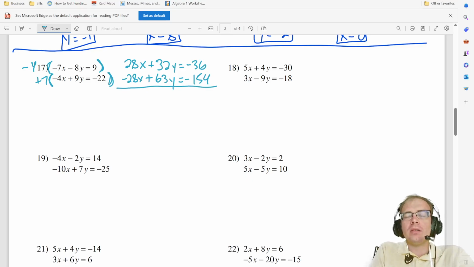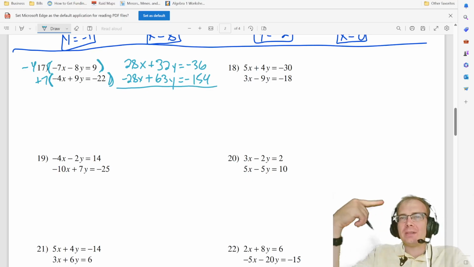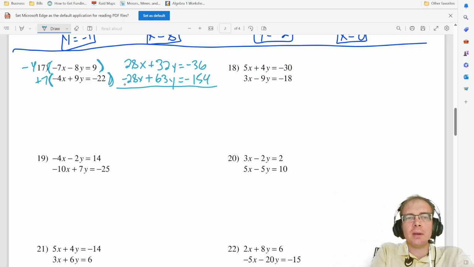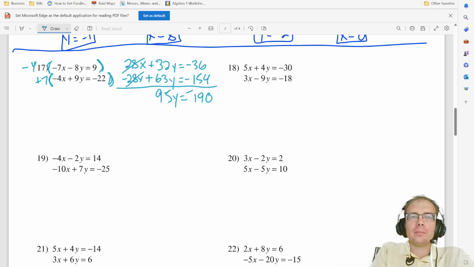I'll get a weird number if I do, because all of the previous answers have been integers, so I'm expecting my answers to be integers. So I'll probably be able to check my work by trusting that I should be getting integers for answers here. So that's going to be 95y, and that looks like it's going to add up pretty nicely. That's a 0, 3589. Oh, and that's negative.